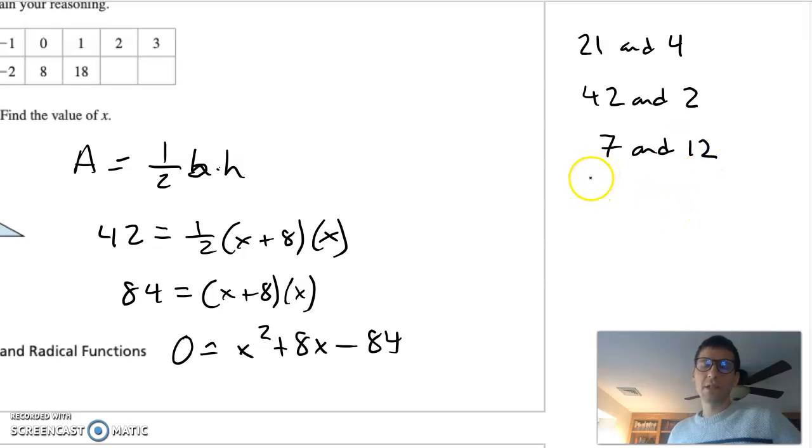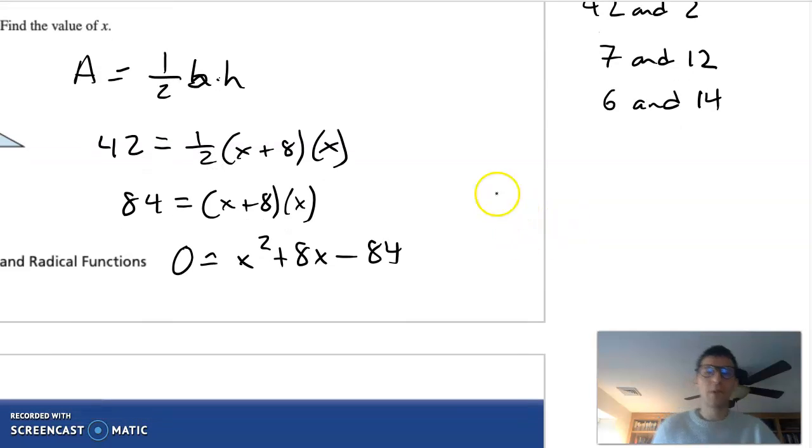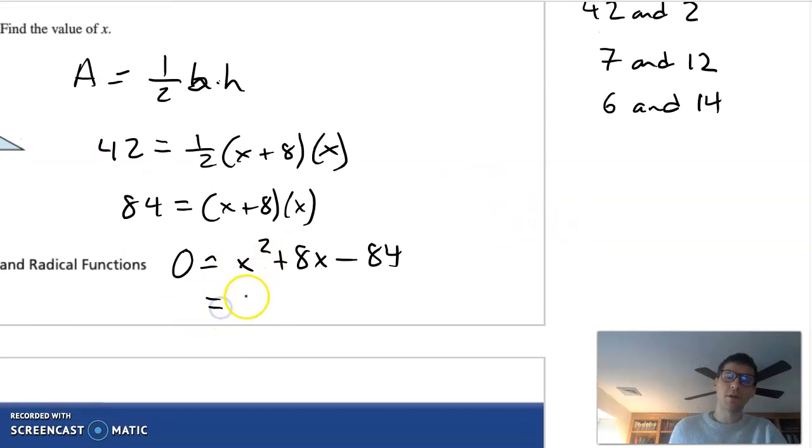I could have 6 and 14, is that right? I think that's the combo if I were to do it by factoring. So it'd have to be a positive 14 and a negative 6.